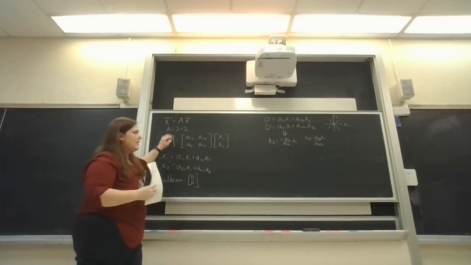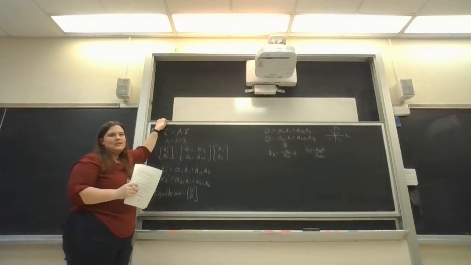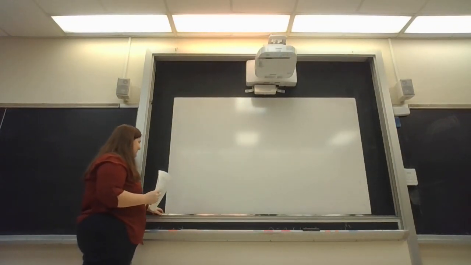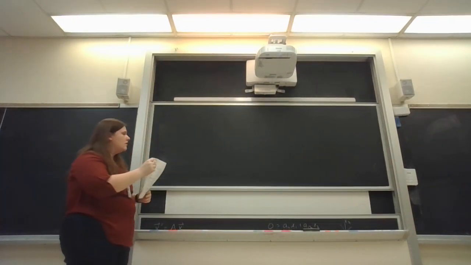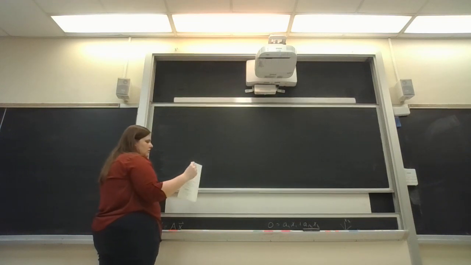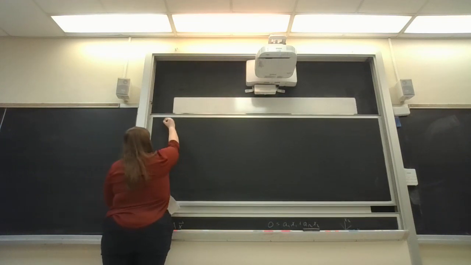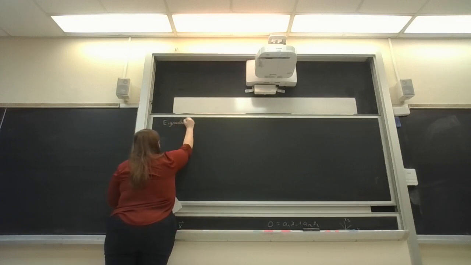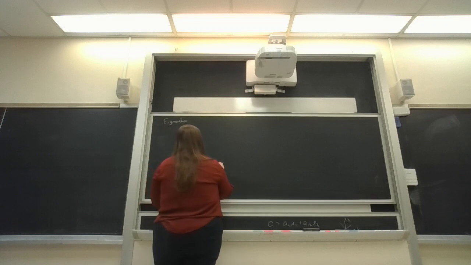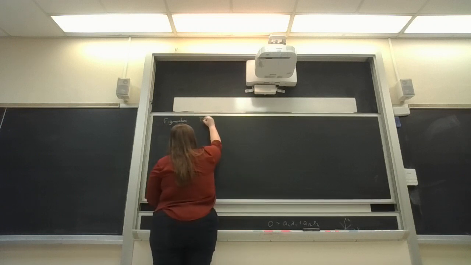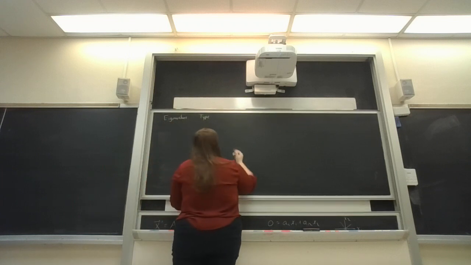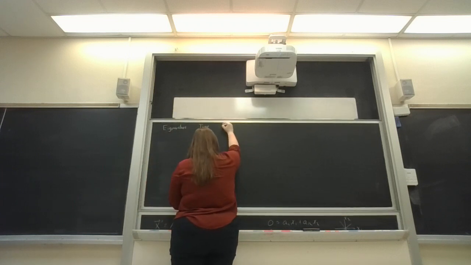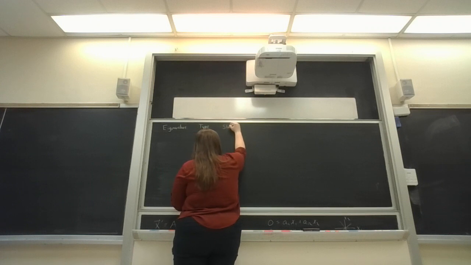So we're going to summarize what we spent about 2 weeks learning. We are going to have our eigenvalues, then our type of critical value or equilibrium value, and then we are going to talk about its stability.